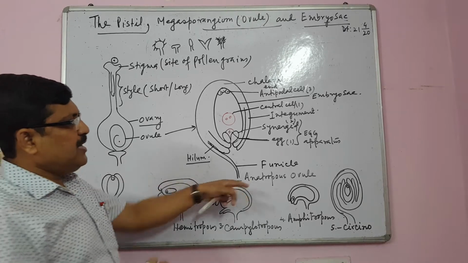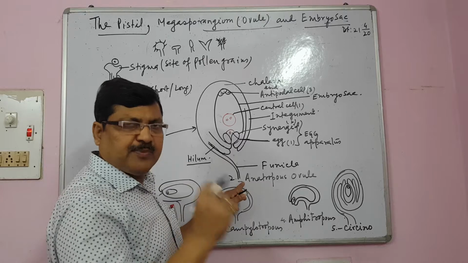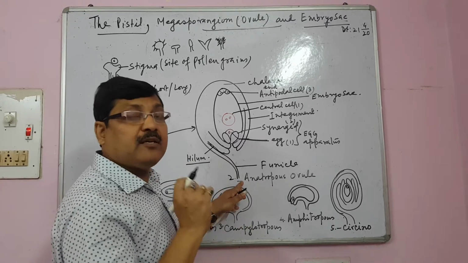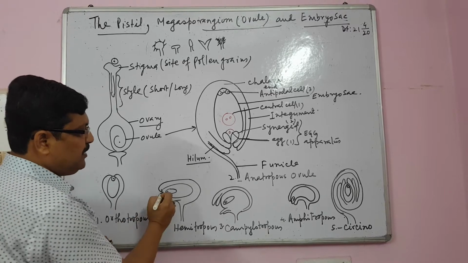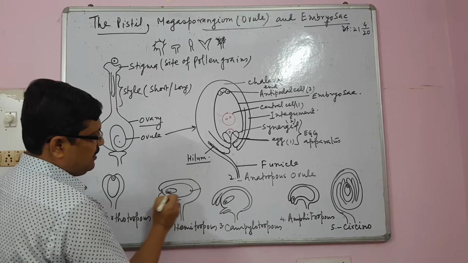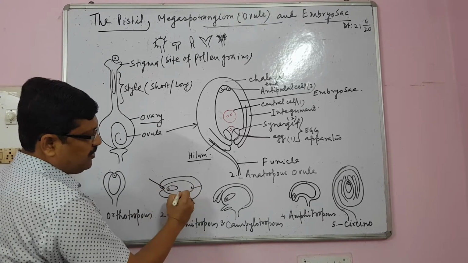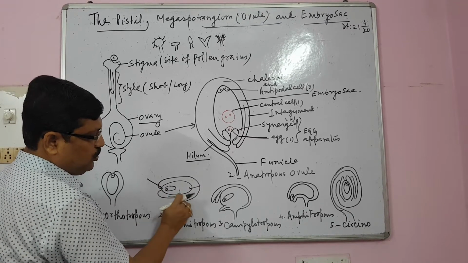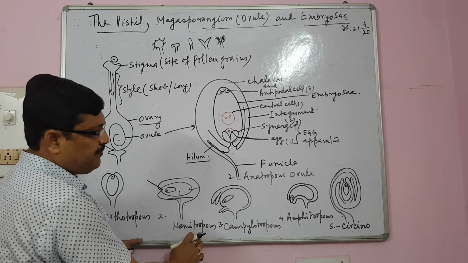The second one is the anatropous ovule. This is the special feature of the angiospermic ovule. When the chalazal end and micropylar end just lie at right angle to the funicle, this is called hemitropous.